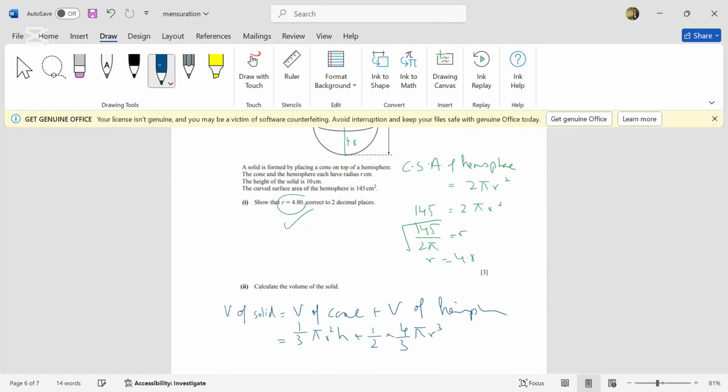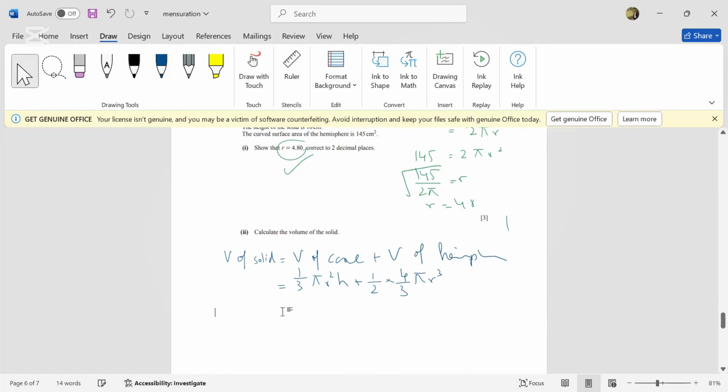Let's insert in the values. 1 upon 3 pi, radius is 4.8, height is 5.2, plus 1 upon 2 into 4 upon 3 into pi, and radius is again 4.8 to the power 3.